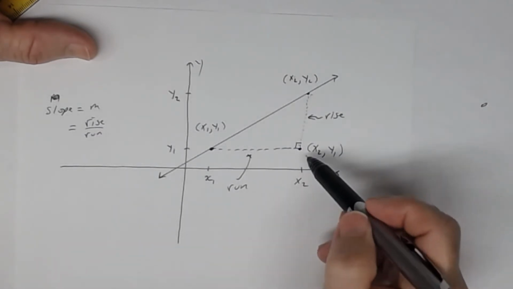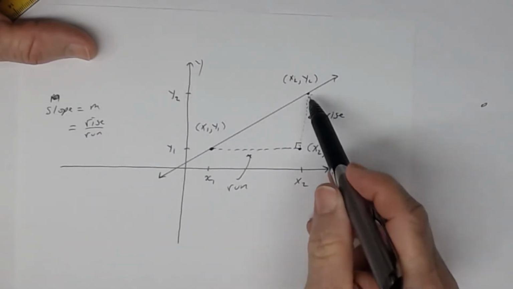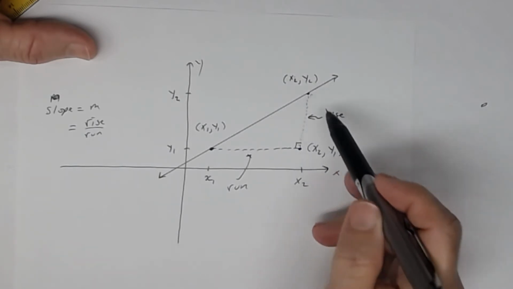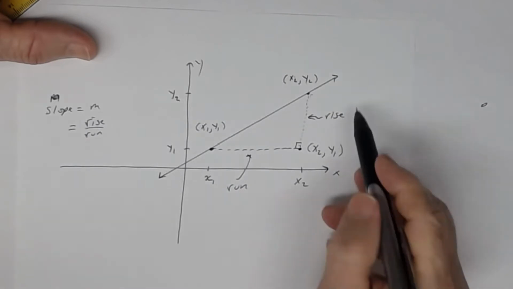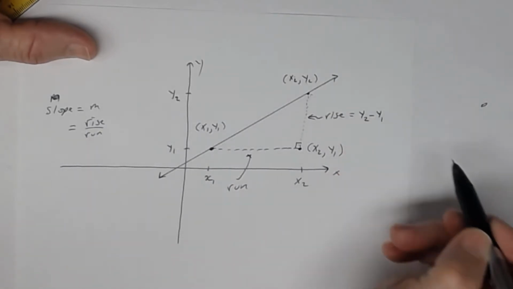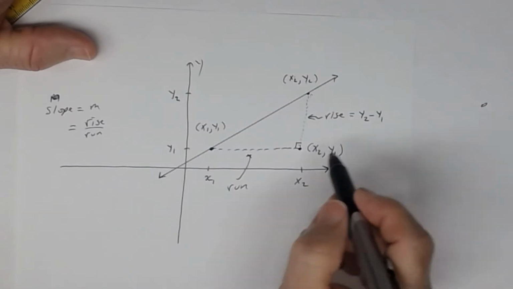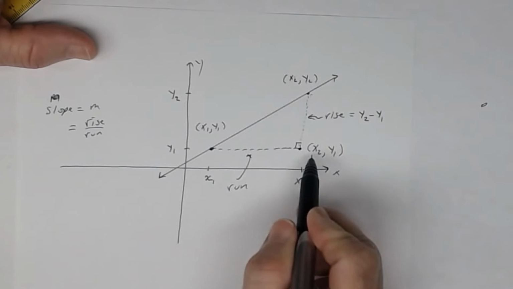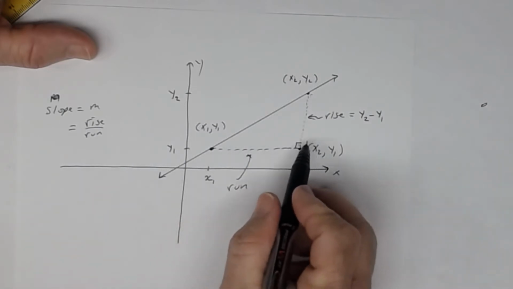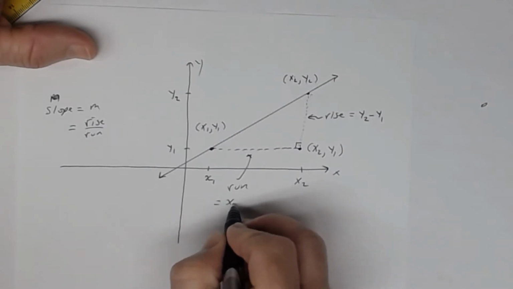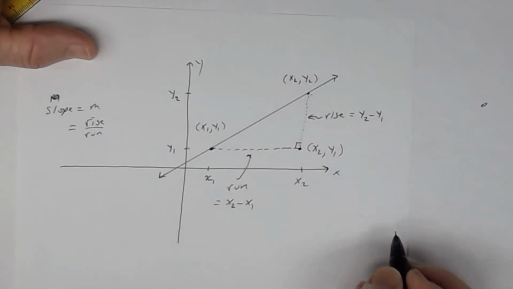And so when you're trying to find this vertical distance, all you're doing is subtracting the y coordinates. So the rise here will be y2 minus y1, okay? And then over here, when finding the horizontal distance, we're going to subtract the x coordinates. The x coordinate here is x2, the x coordinate here is x1. So that's going to be x2 minus x1. All right?